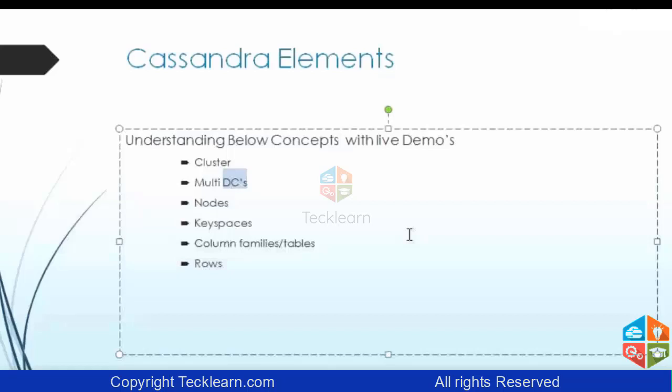Then we have this concept of data centers in Cassandra. We can say that one of the data centers is in the US and the other data center is in India, for example. Now, if something happens and we could not operate from India, we can still get the data from the US. So that's the concept of data center.